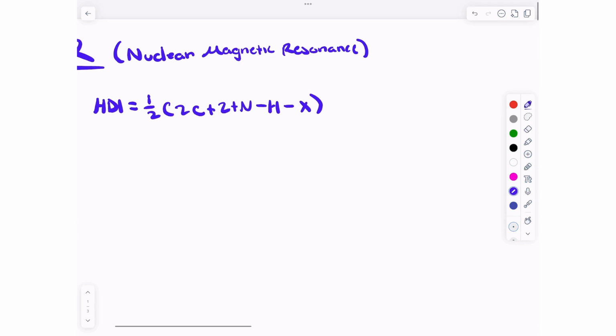Once you've gotten the HDI, and I'll go over how to solve HDI as I go through this video, but you should probably already know how to do it if you're on this part of the chapter. After you've done HDI, you should count the neighbors.